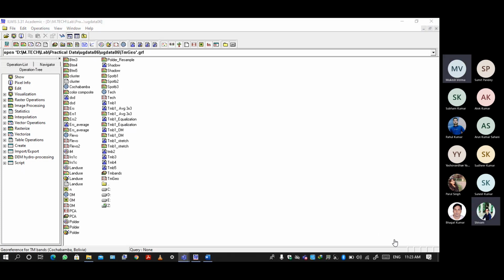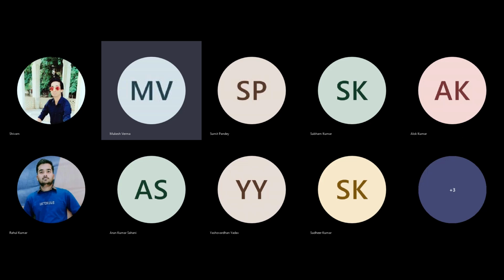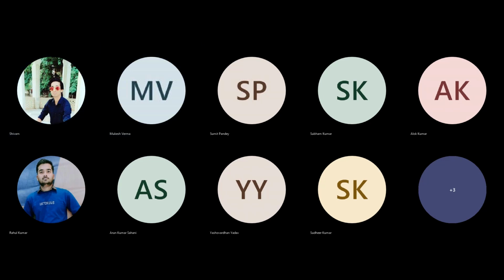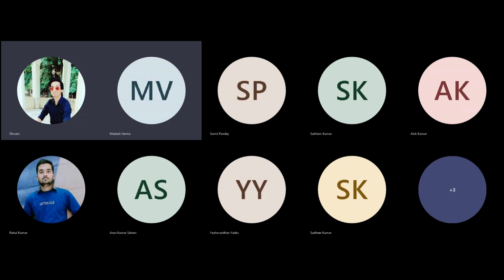Just open the map, then try to geo-reference that map using the coordinate system created. After that, you can open the folder image.